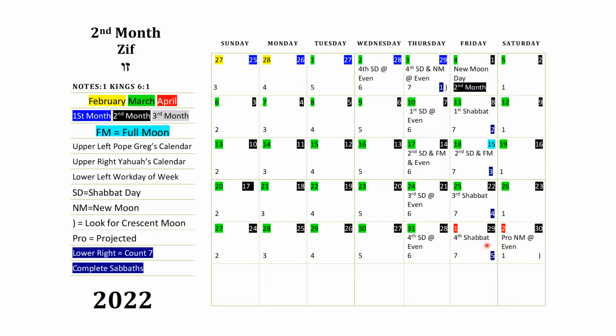But what you do is you start looking for your new moon that evening of the 28th, 29th, or 30th day. If you don't see it those 2 days and it's not reported, you know it's got to come out on that 30th day. I've been doing this now for 2 years and some change. It always comes no later than the 30th day. That's why I put "projected" here in the box, because I don't know exactly which day it's going to come on.